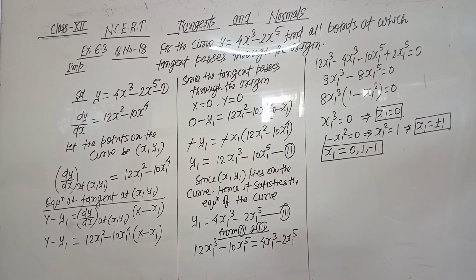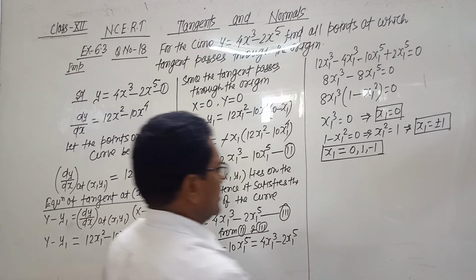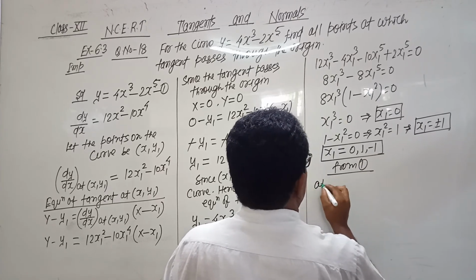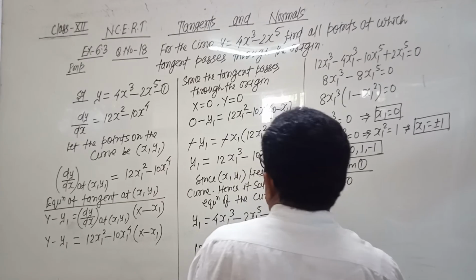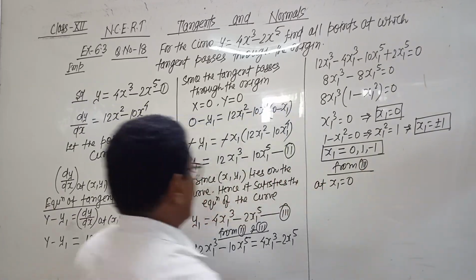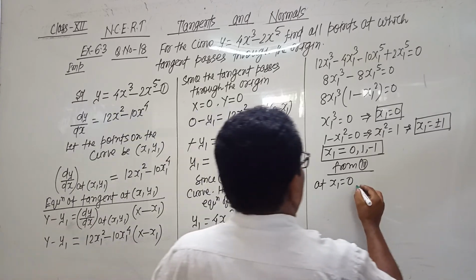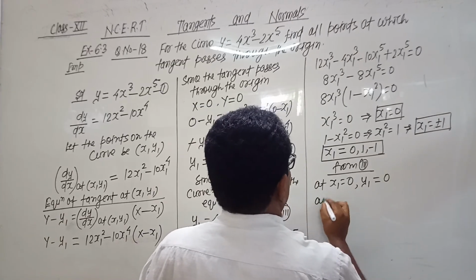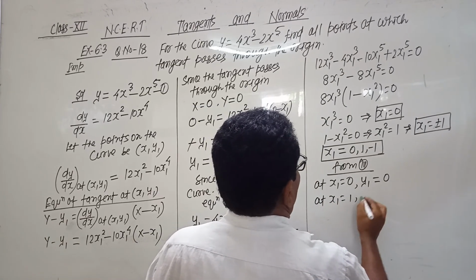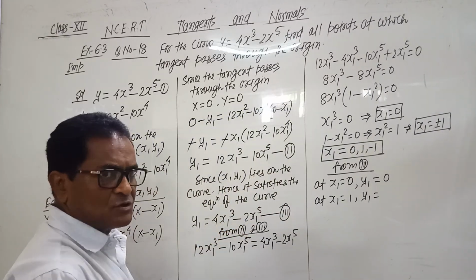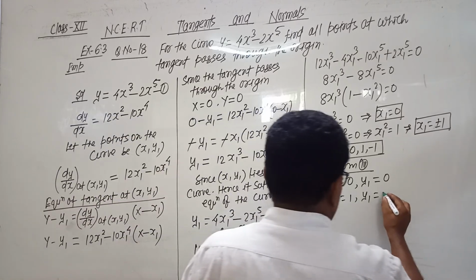Now we put these three values in the original curve, from the third equation. At x1 equals 0, the value of y1 is also 0. At x1 equals 1, put 1, so 4 minus 2, the value of y1 is 2.